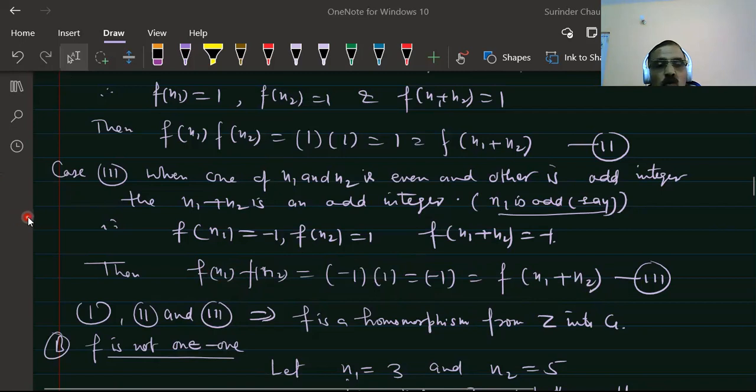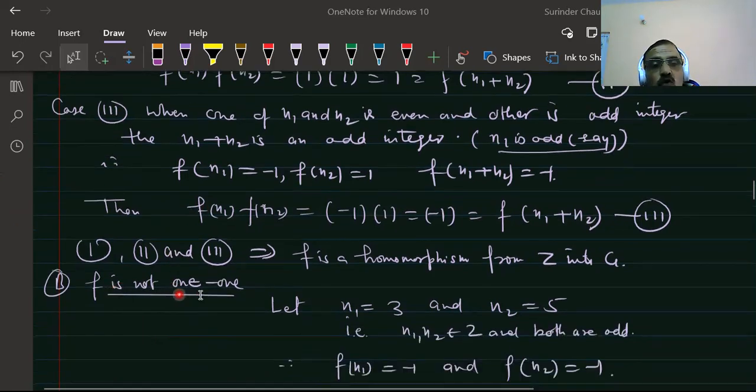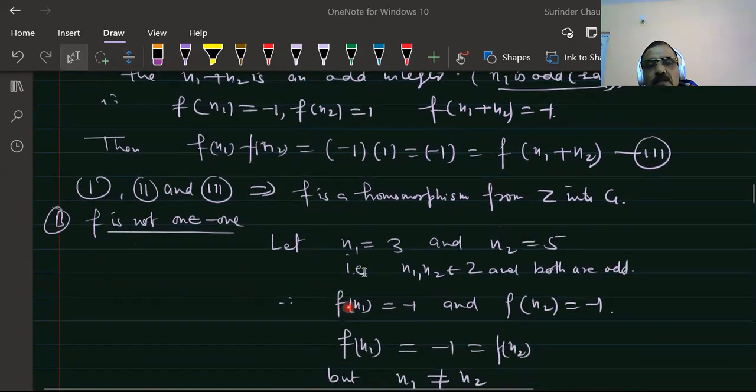Now, the second part: to show f is not one-one. Let us take n1 equal to 3 and n2 equal to 5, both odd integers. You can take another example also. So f of n1, which is f of 3, is equal to minus 1, and f of n2 is equal to minus 1.